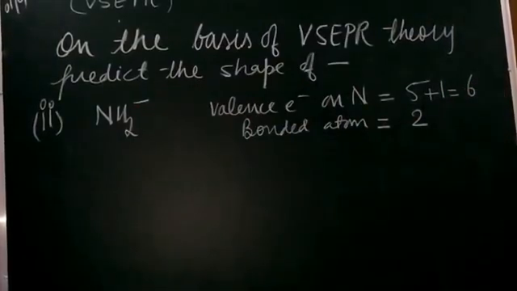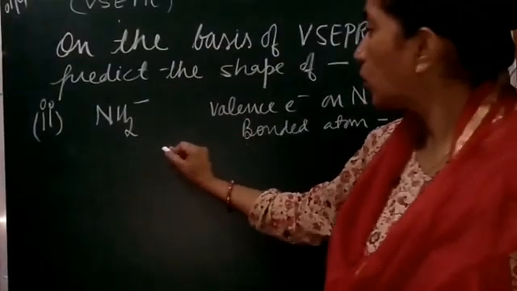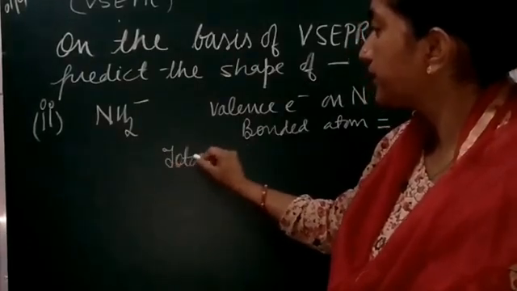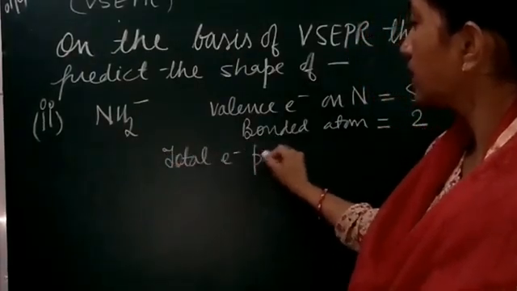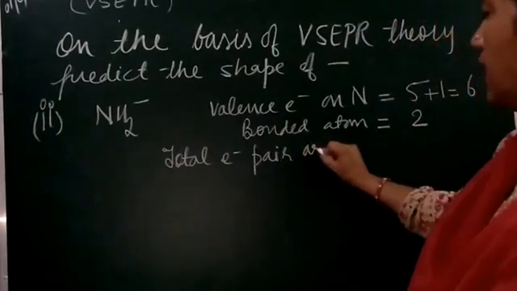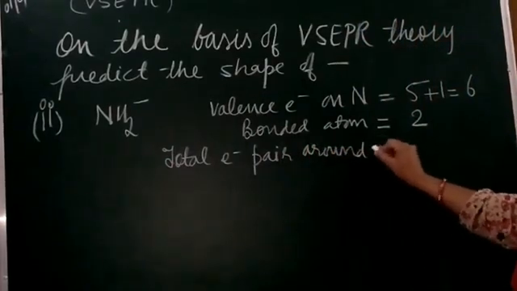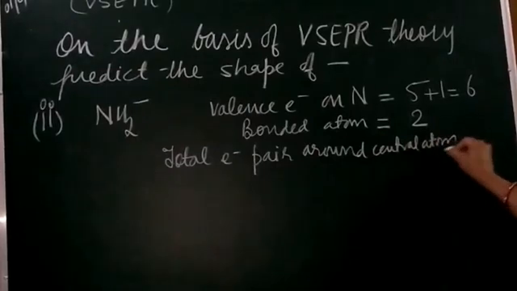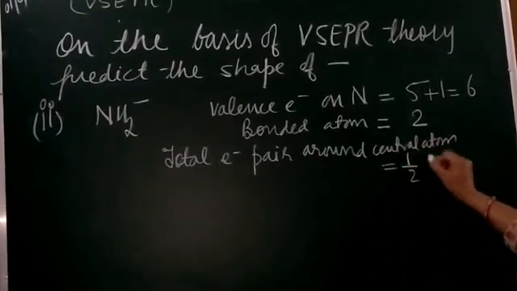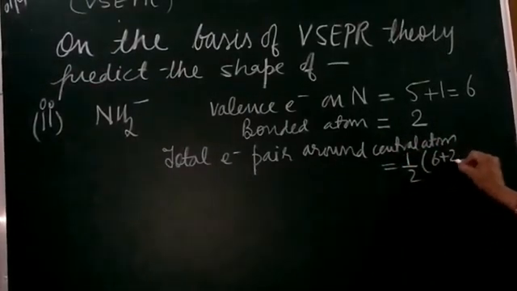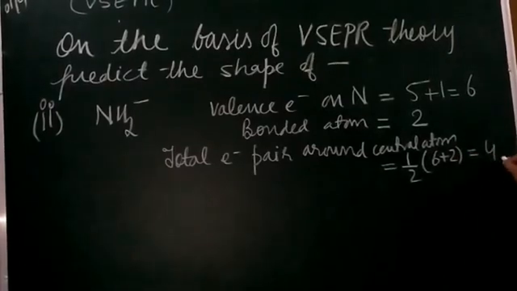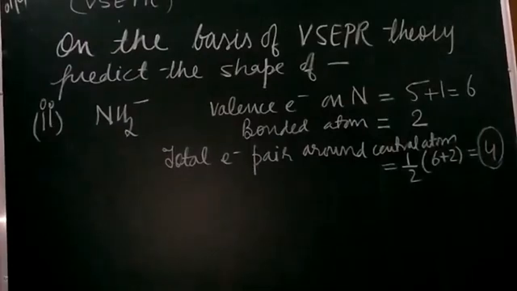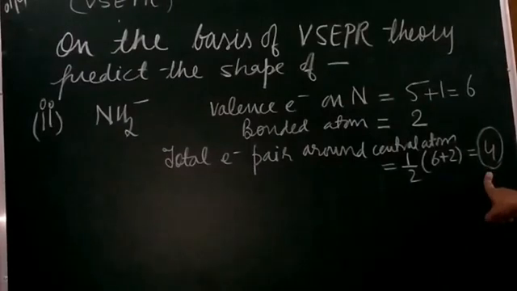The bonded atoms around it is 2. So the total electron pairs around the central atom will be half of 6 plus 2, that is 8. So we are getting a total of 4 electron pairs.